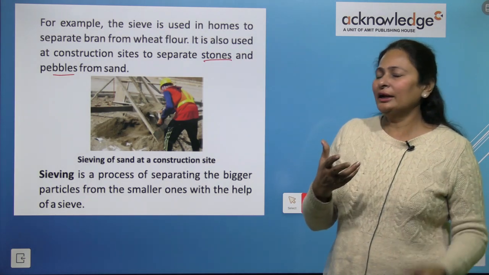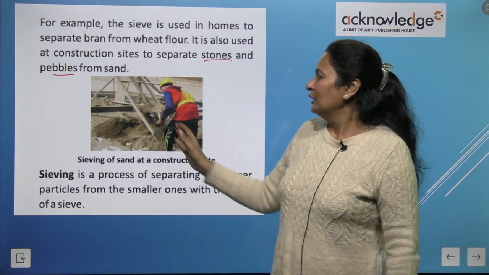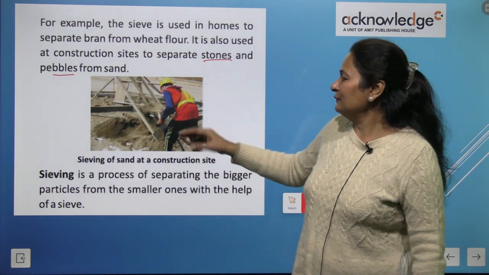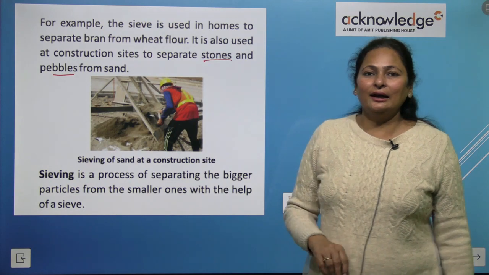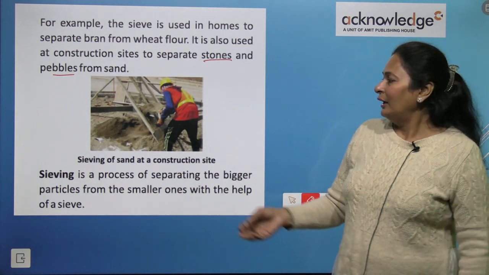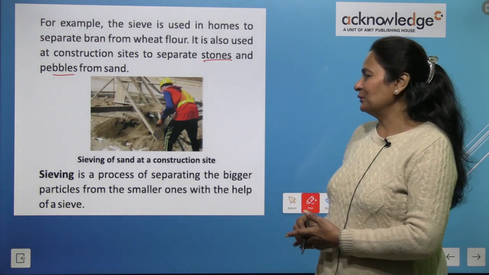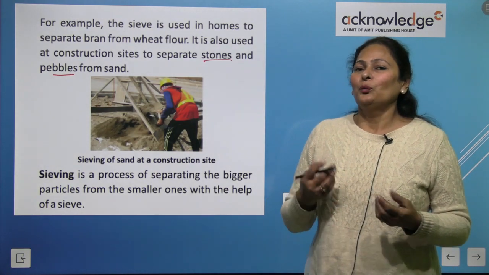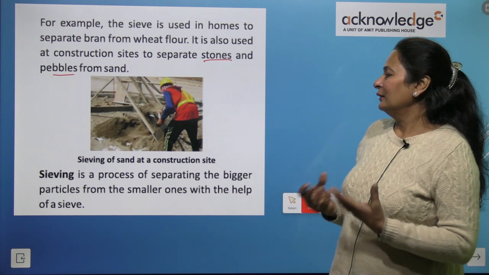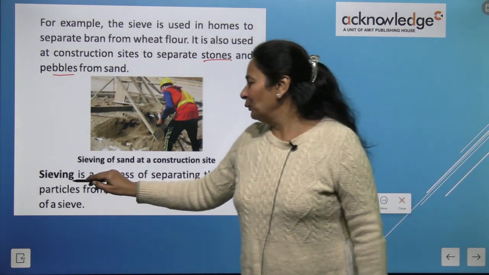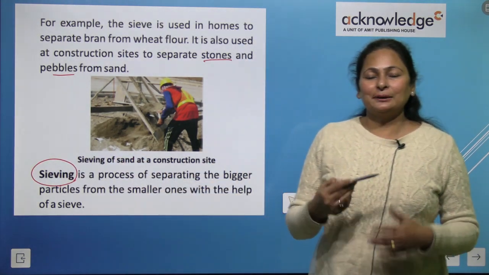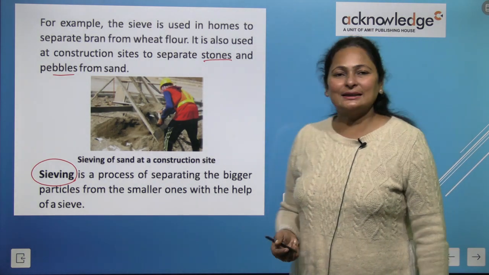He is using the sieve, so the bigger particles are left on the sieve and the small particles fall down. So this is the way we can separate two different types of substances.